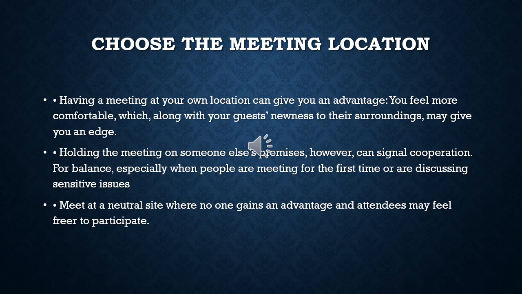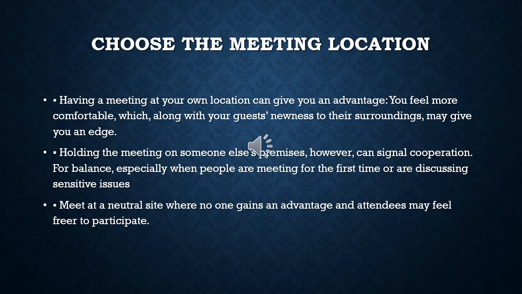Is it spacious? For example, if you have a meeting with 5 members and you are conducting it in an auditorium, it would seem odd. So you have to keep in mind the location and the participants both.